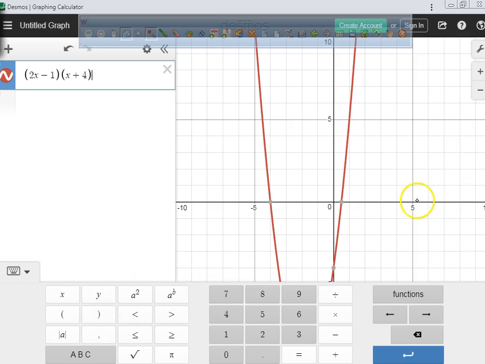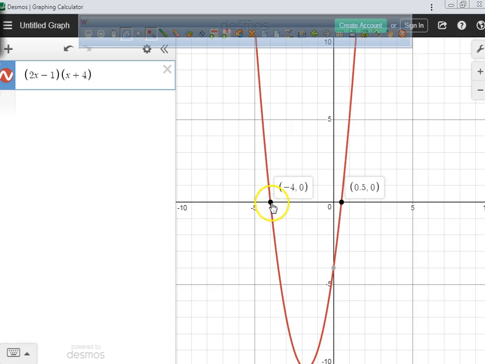Now, automatically, what pops up on the graph in Desmos? Look here. Negative 4, 0, and 0.5. And 0.5 is a half. Now, what else does it give us? It gives us our y. So it gives us 3 points automatically.